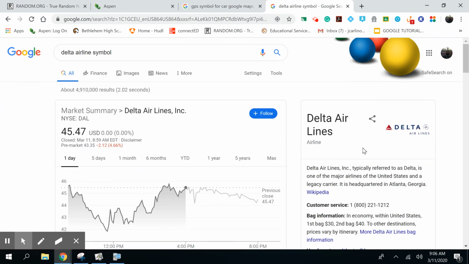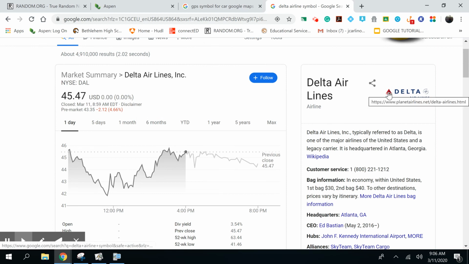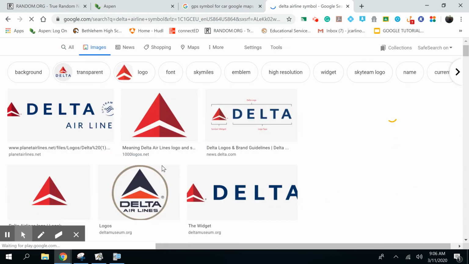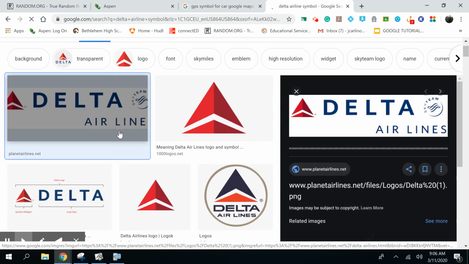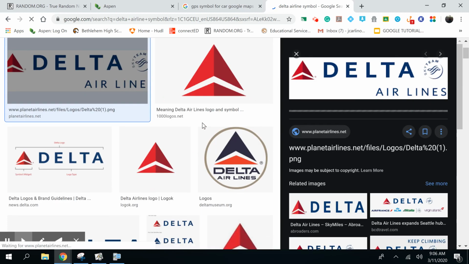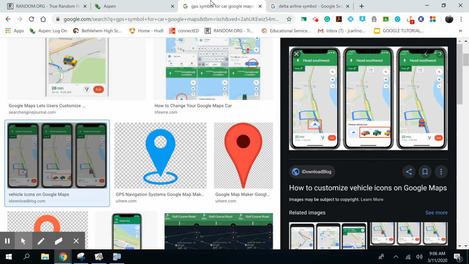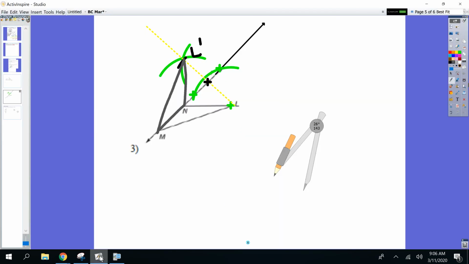We got a partial one there. Yeah, not bad. Okay, so hey, the GPS Delta symbol. Way to go, guys. Anybody else going before we leave here?